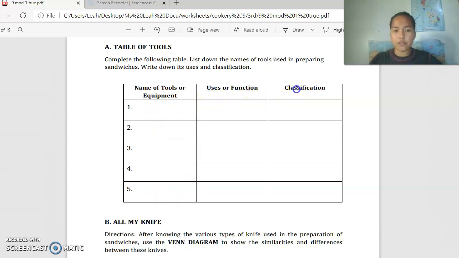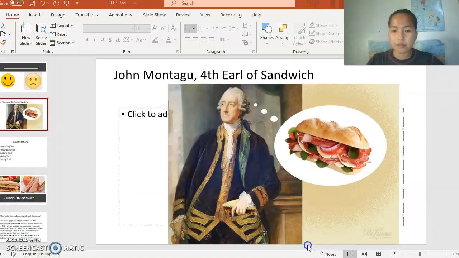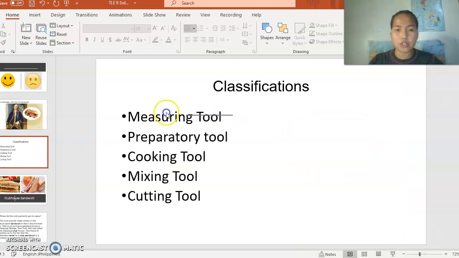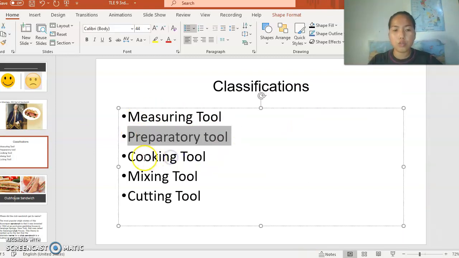So unsa man classification, anyway wala siya na puta sa module, but classification we have here, is it a measuring tool, a preparatory tool, cooking tool, okay, ang muluto, it's like mga oven, salamander, is it a mixing tool or a cutting tool. So the classifications of tools and equipment.